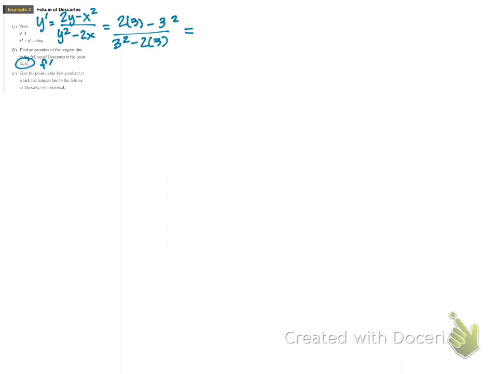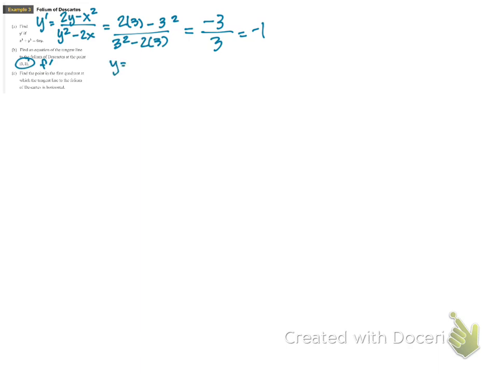So I got 6 minus 9 would be negative 3 on top. And 9 minus 6. So my slope's negative 1. Slope is negative 1. So now we use our point.